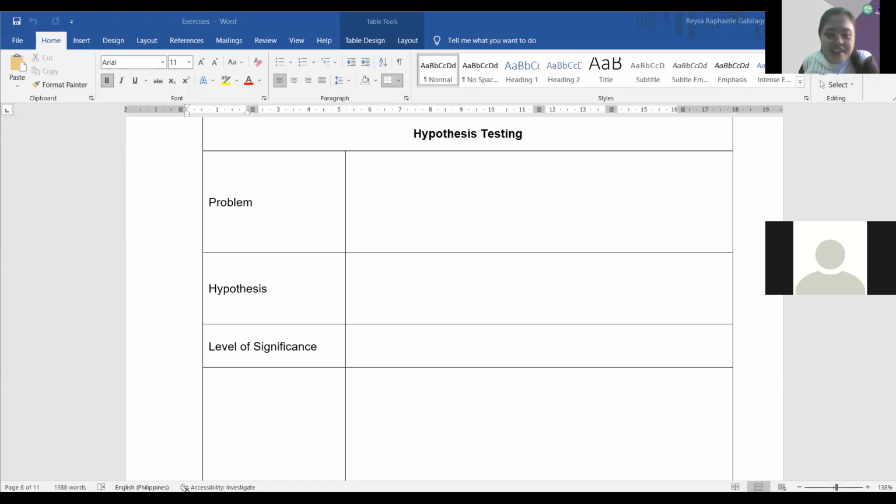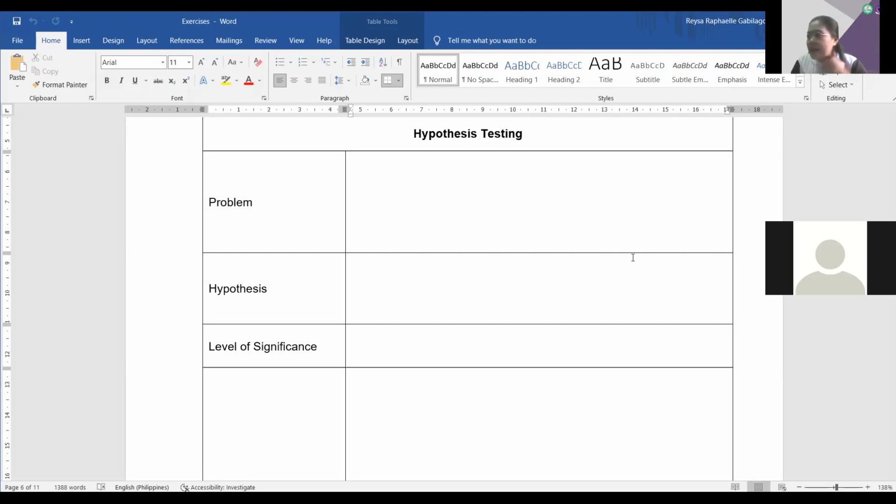Okay. Sige. Let's see. Class, when you're going to make the hypothesis, remember this one is a z-test. And for the z-test, ginagamit natin siya to determine whether there is a significant difference between two groups. Okay? So this is for comparison.